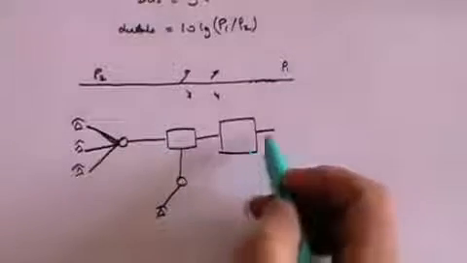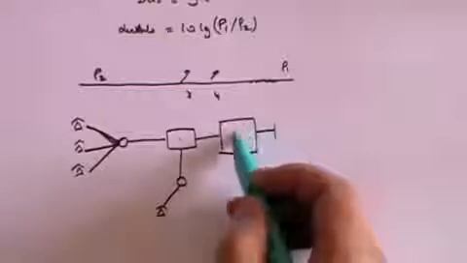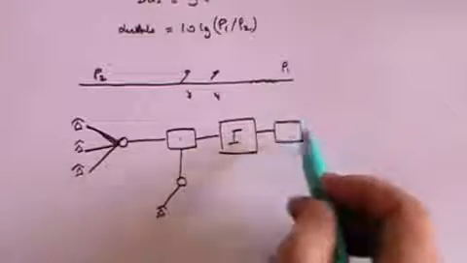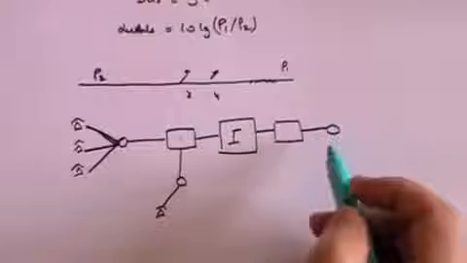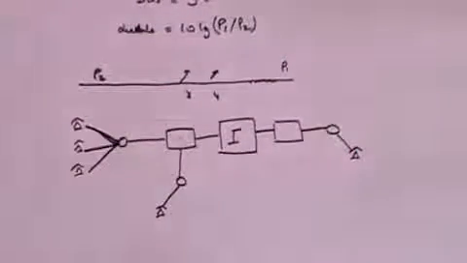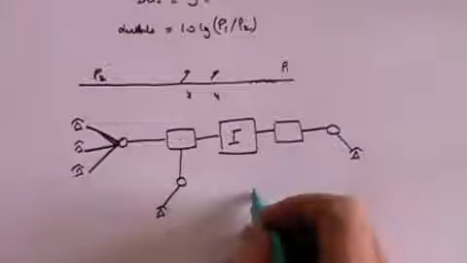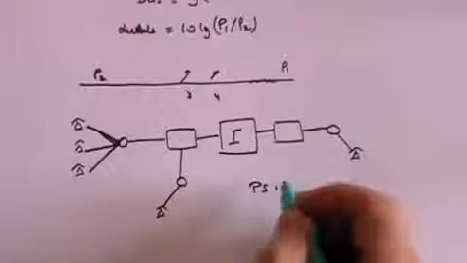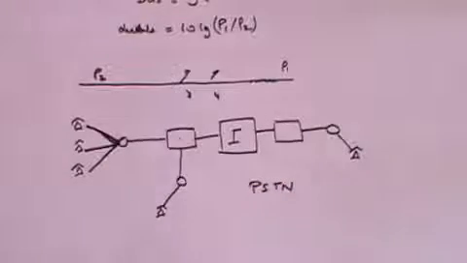And similarly, if you go internationally, then you go to an international exchange, to a trunk exchange, to a local exchange, to a telephone. And that was the old public switched telephone network, the PSTN.